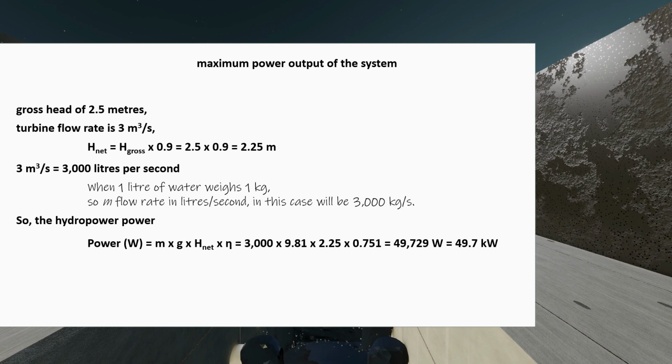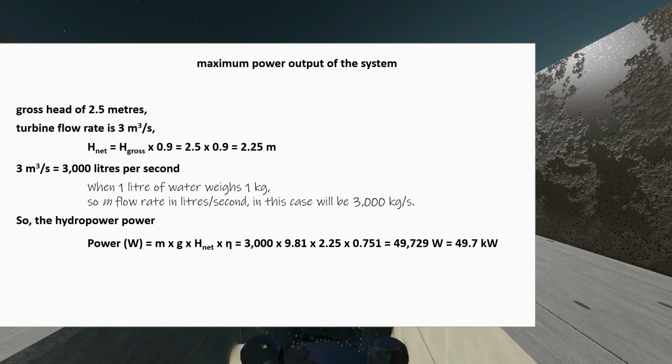Again, it is important to remember that 1 liter of water weighs 1 kilogram. So M is the same numerically as the flow rate in liters per second. In this case, it is 3000 kilograms per second. Now we calculate the hydropower power.